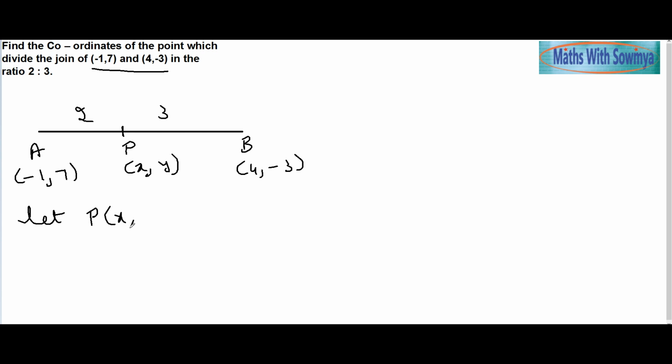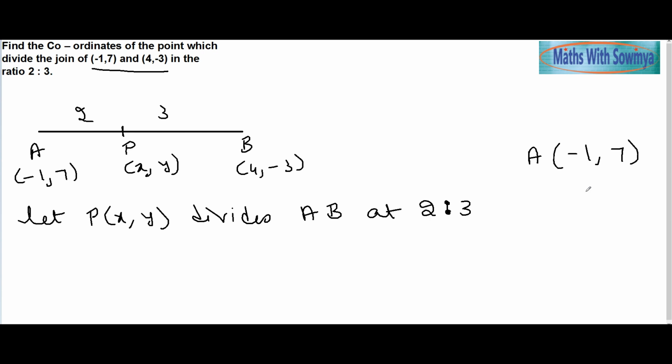Let P(x, y) divide AB in the ratio 2:3. That means A, that is (-1, 7), we call X1, Y1.